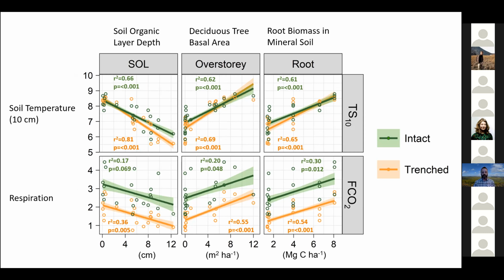So we took a look at relationships with other covariates like soil organic layer depth, the amount of deciduous tree basal area, and the root biomass in the mineral soil. In the first row, we see the relationship to soil temperature, and predictably, less soil organic layer depth led to higher soil temperatures. We saw greater soil temperatures where you had more deciduous overstory, and where you have more root mass.